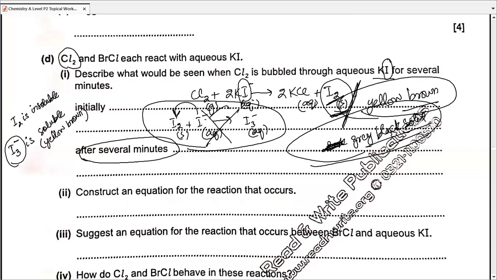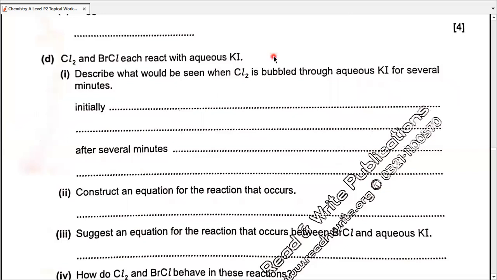So there is no discussion of triiodide in the book. Now, this also helps you with paper three. In paper three, there are past papers which include dissolving iodine in water. And we really can't dissolve iodine directly into water.